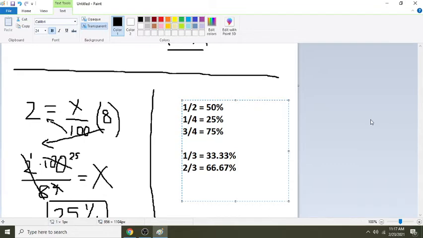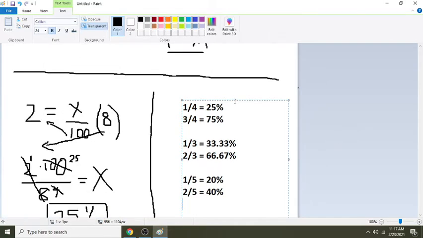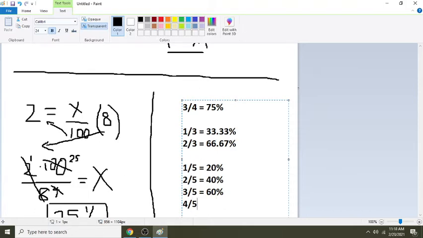You have the fifths. 1/5 is 20%. 2/5 is 40%. 3/5 is 60%. 4/5 is 80%. Okay.